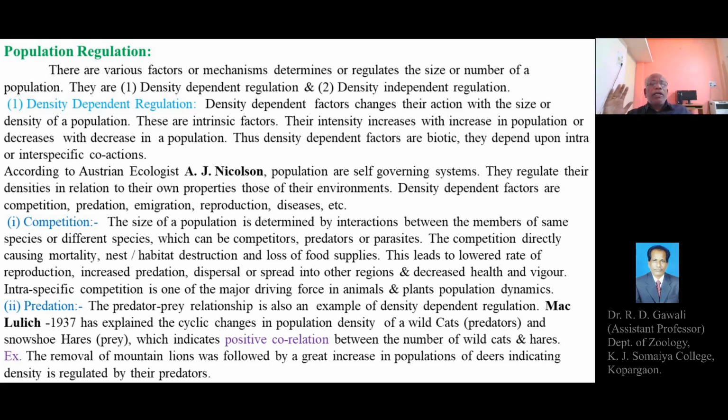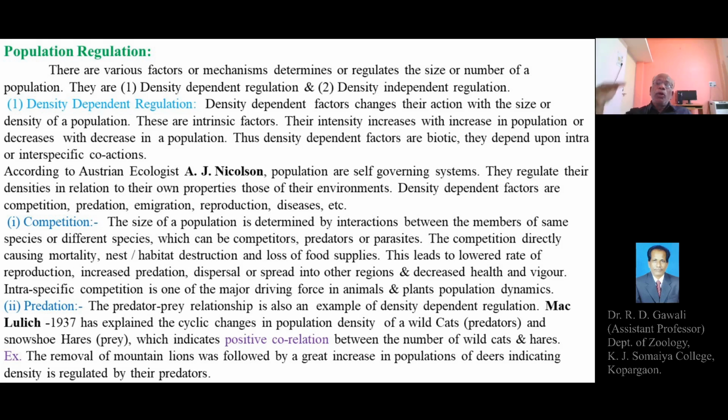So the size of the population is determined by interactions between members of the same species or different species, which can be competitors, predators, or parasites. The competition directly causes mortality, nest or habitat destruction, and loss of food supplies.